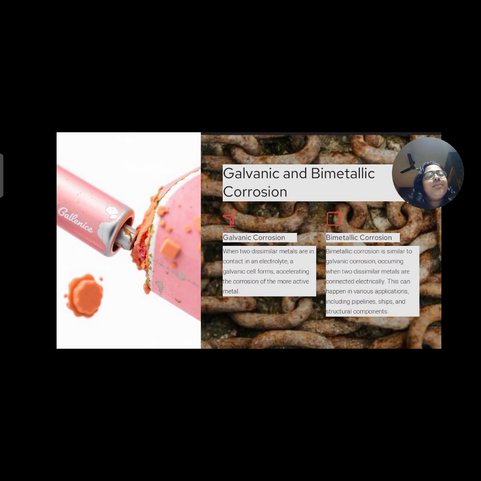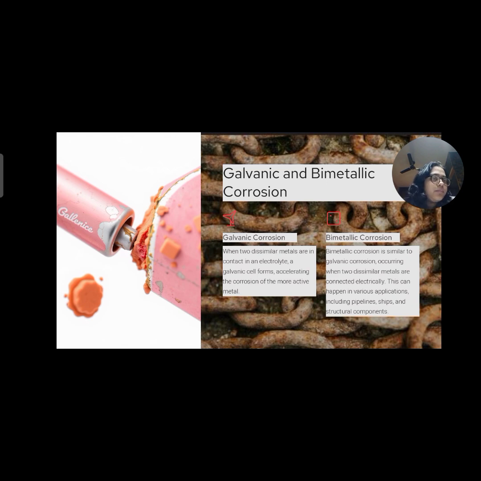Now let us learn about various types of corrosion. The first one is differential metal corrosion, in which we have two subtopics called galvanic and bimetallic corrosion, which are quite similar. Galvanic corrosion is where two dissimilar metals like iron and copper result in the formation of a galvanic cell.